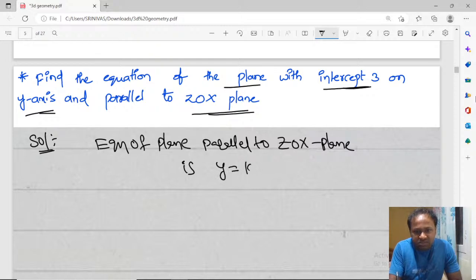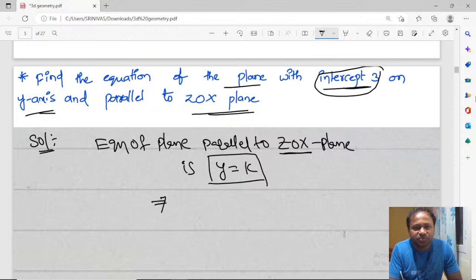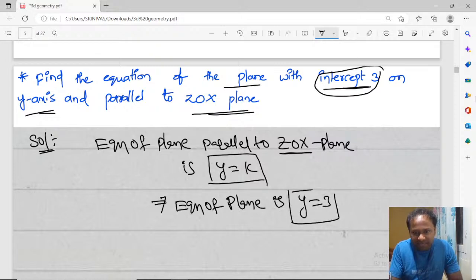Y is equal to some constant. The plane parallel to ZOX, here y is missing, that's why y is equal to k. Here the value of k is given, intercept is 3. So that implies the equation of plane is y is equal to 3. So y is equal to k, here the k value, the intercept given, its value is 3.